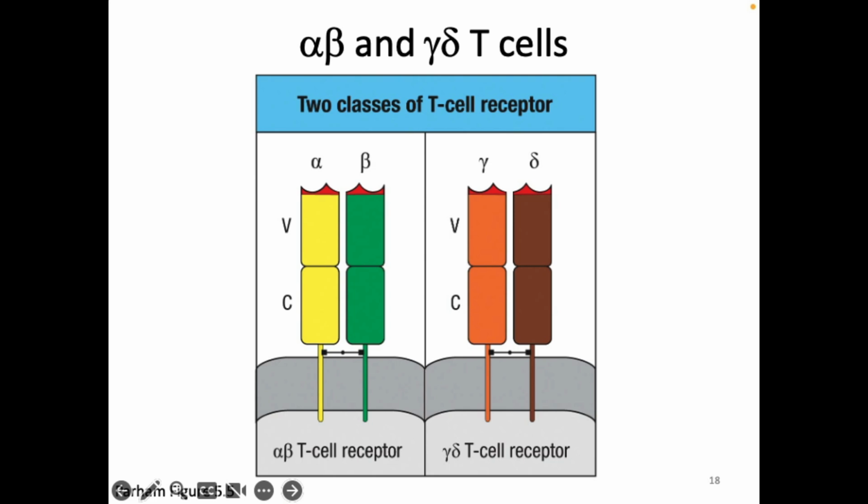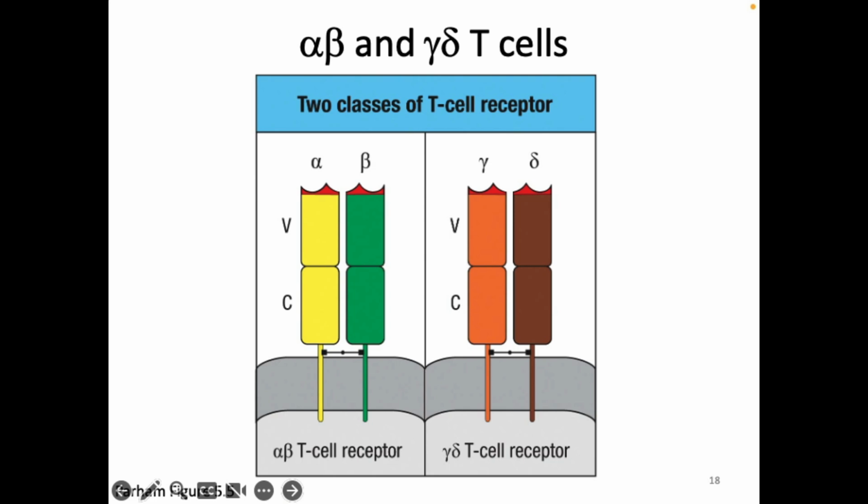And how the cell makes the choice of am I going to do alpha beta or am I going to do gamma delta is a separate thing that we're going to have to see in the process of T cell development.